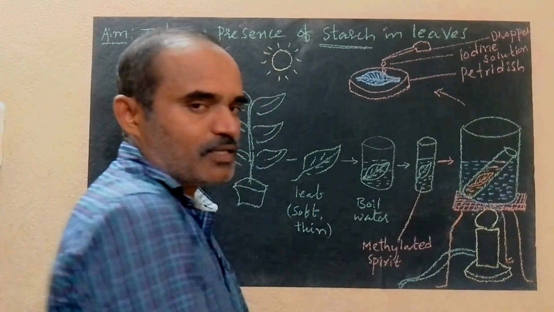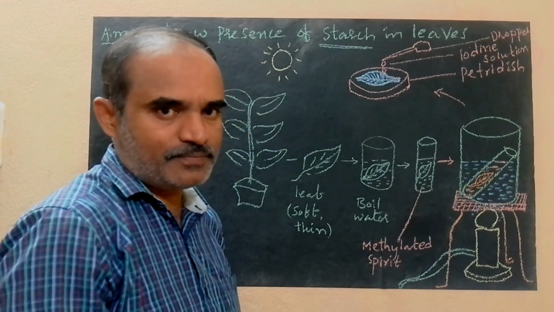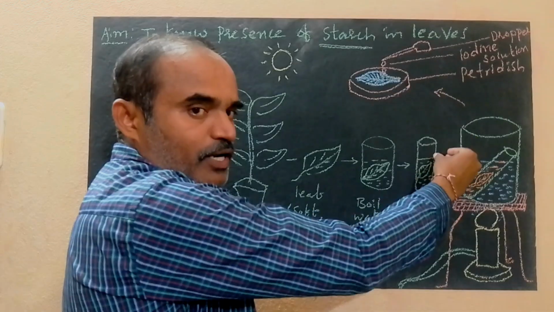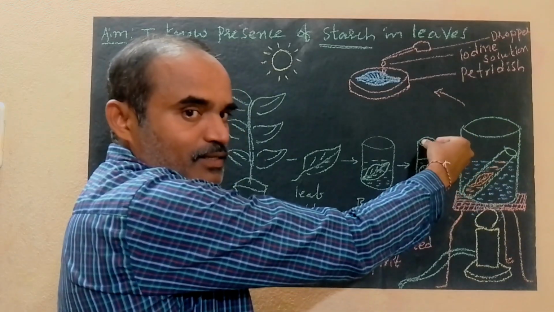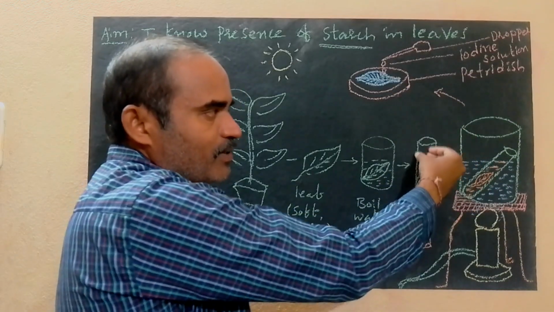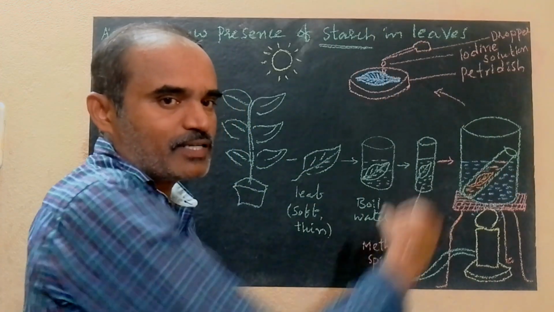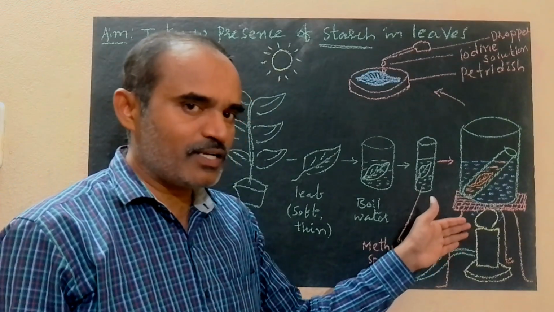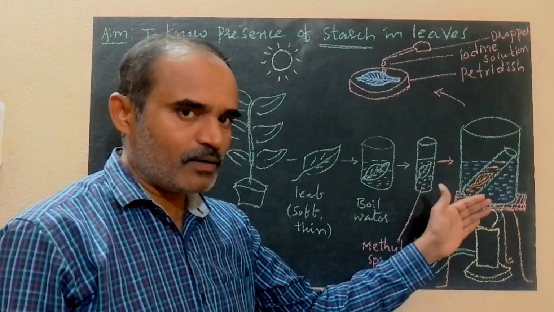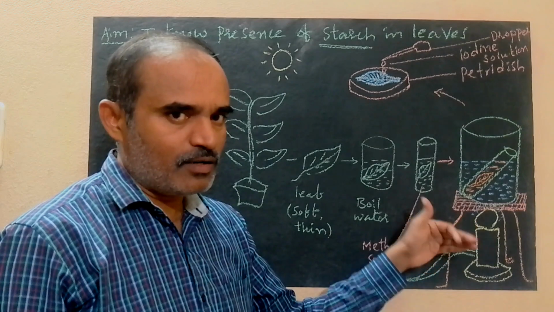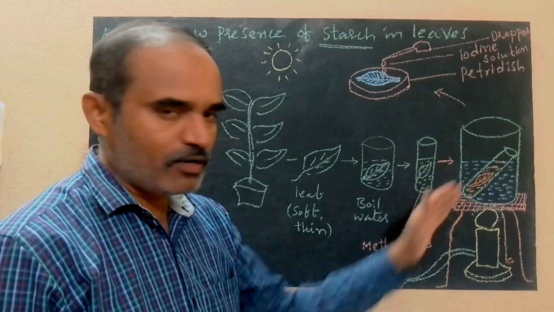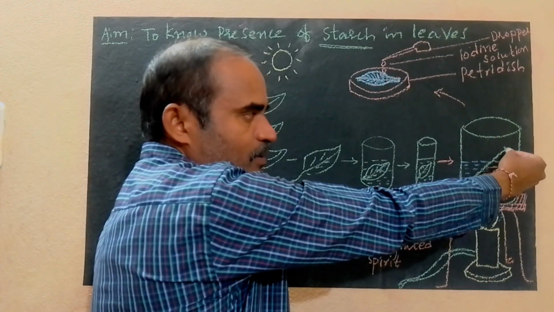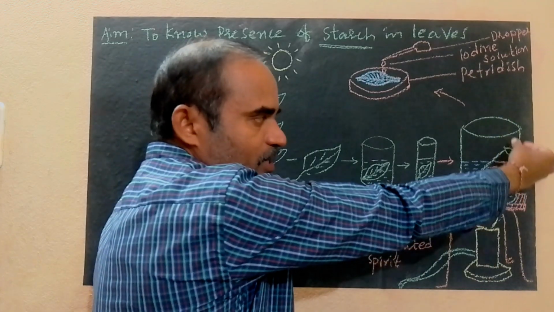This is what a water bath is: a beaker containing water, and place the methylated spirit boiling tube, which already has the leaf, in the water bath. So these are the required materials for how to arrange the apparatus while we are doing the experiment.